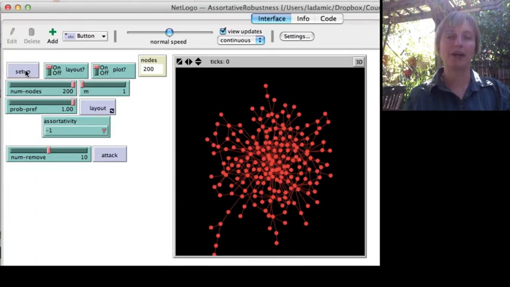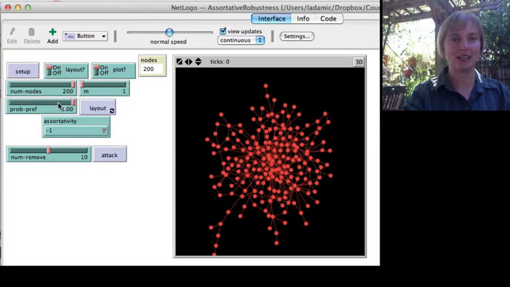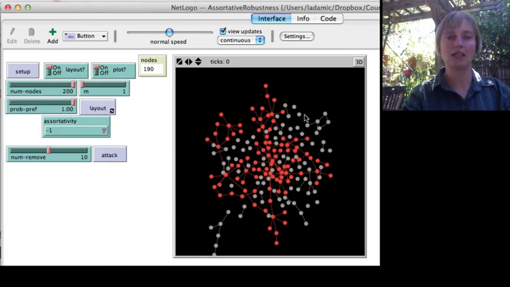The rewiring is accepted if, in this case, it decreases assortativity and not accepted otherwise. So let's try and attack this. The way that we're going to attack it is we're going to select the 10 highest degree nodes, and we observe what happens to the network.